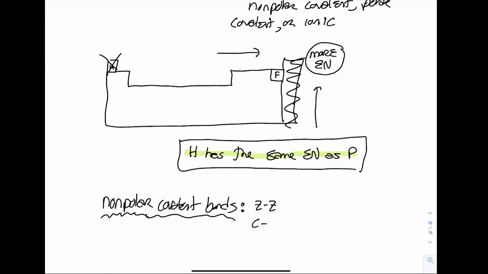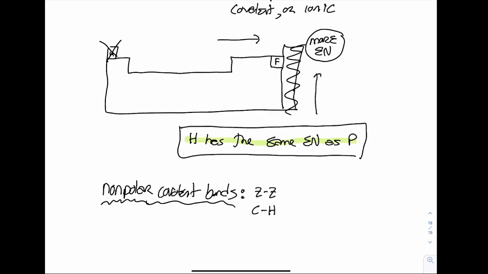And then carbon and hydrogen, there is an electronegativity difference, but it's so small that it's under the cutoff. So it's not completely equal, but it's equal enough that it's considered nonpolar. So carbon-hydrogen bonds are going to be considered nonpolar. And then remember, hydrogen has the same electronegativity as phosphorus.